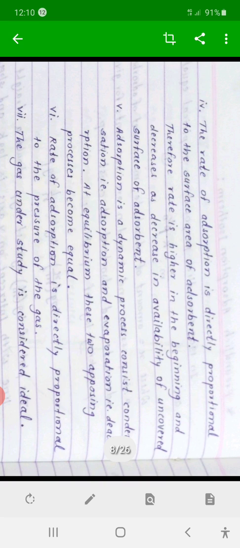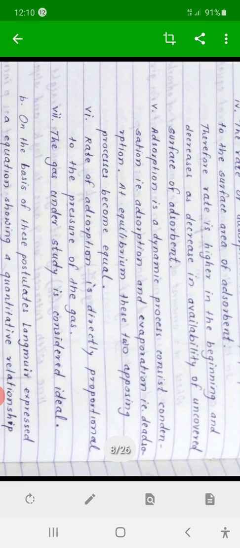Therefore, the rate is higher in the beginning and decreases as the availability of uncovered surface of the adsorbent decreases. Then fifth, adsorption is a dynamic process.